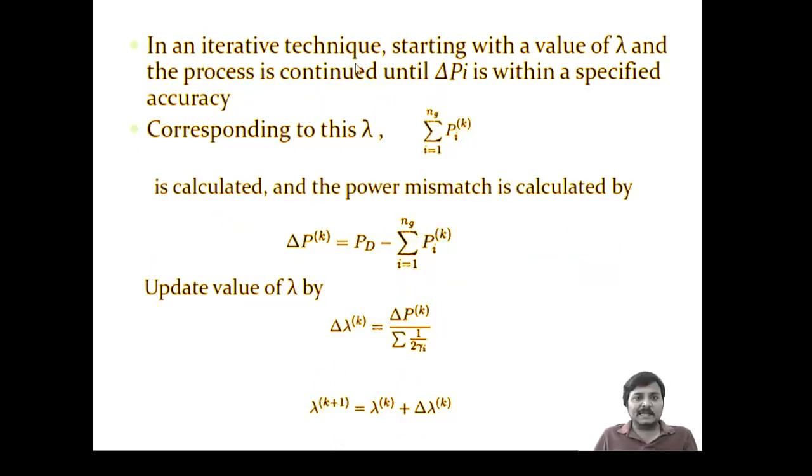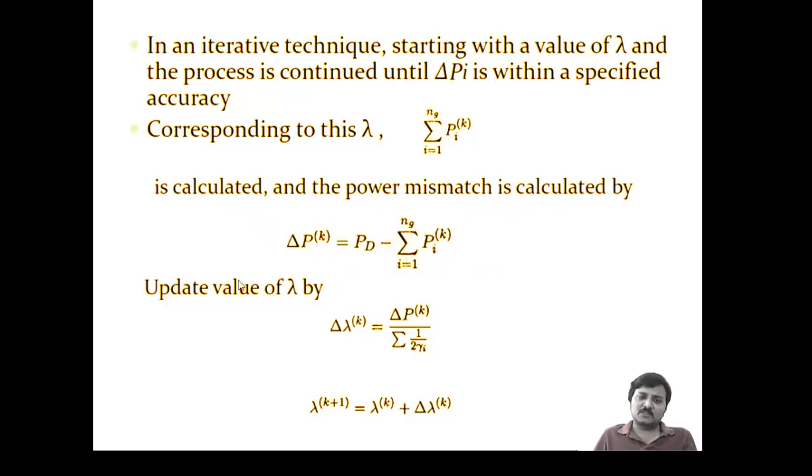Now, in an iterative technique, how can we find the lambda value? In an iterative technique, we start with an initial guess of the lambda value and continue until your delta Pi value is within the tolerance limit. Corresponding to this lambda, we find the value of Pi in the first iteration. The power mismatch is calculated.